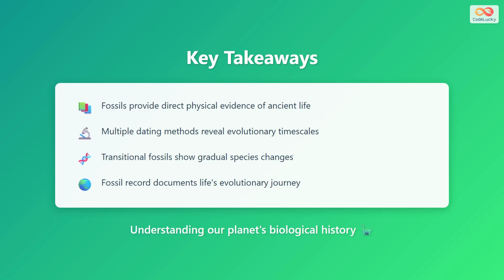Third, transitional fossils show gradual changes in species over time, providing clear evidence of evolutionary transitions between different groups of organisms. Finally, the fossil record documents life's incredible evolutionary journey on Earth, from simple single-celled organisms billions of years ago to the diverse array of life we see today. By studying fossils, we gain a deeper understanding of our planet's biological history and our place within it.